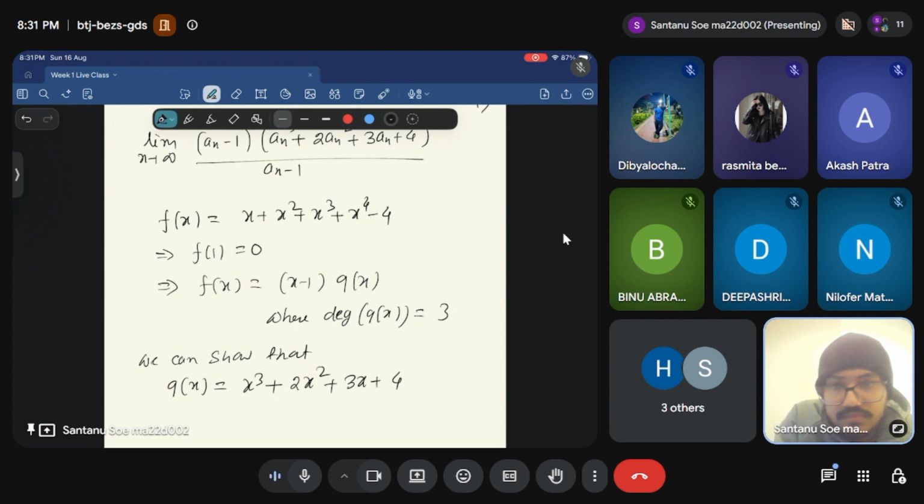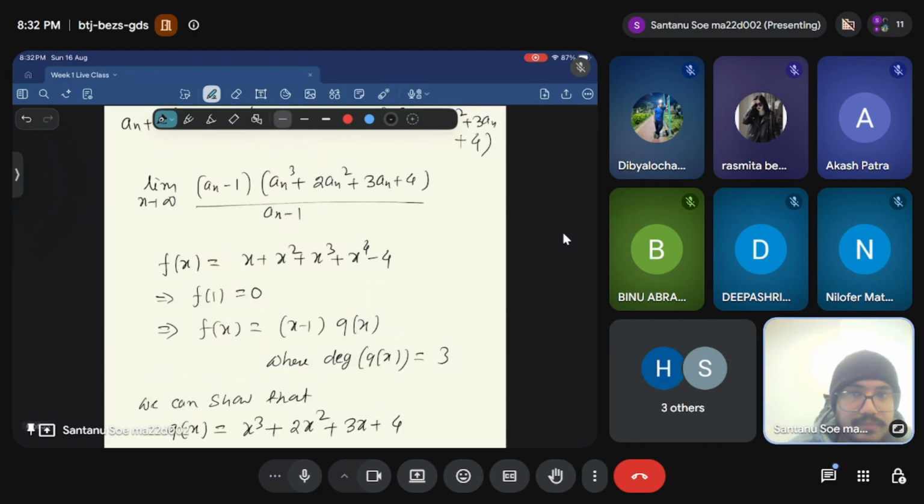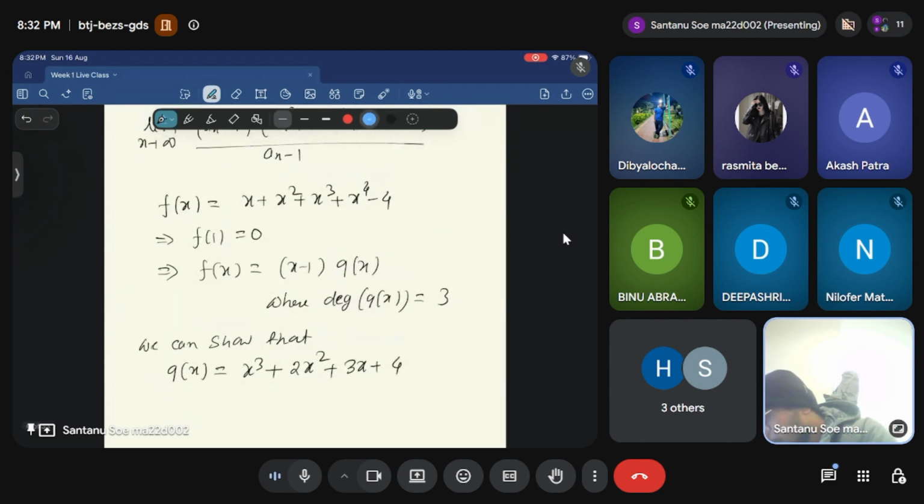And by the fundamental theorem of algebra, you can write it as a product of factors: x minus 1, which will divide the polynomial, and then the other polynomial q of x, which has degree 3. And if you just do the division, just like I showed, you're going to get this polynomial, x cube plus 2x square plus 3x plus 4, and you just replace x by an. Correct? So yeah, I hope this is clear.